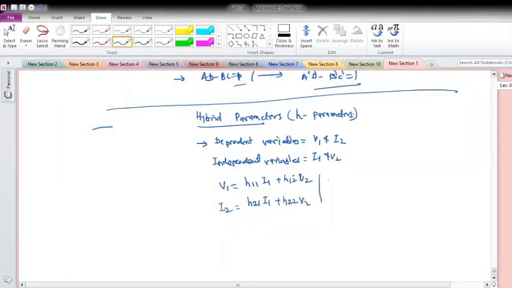Or in matrix form I can write V1, I2 equal to H11, H12, H21 and H22, times I1 and V2.